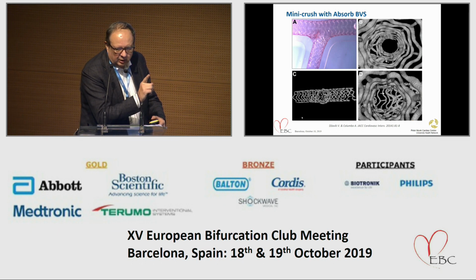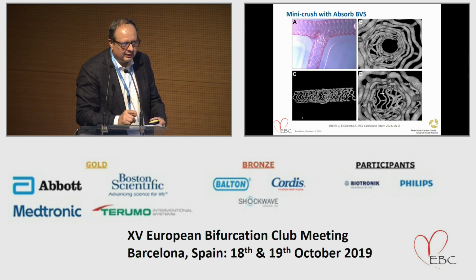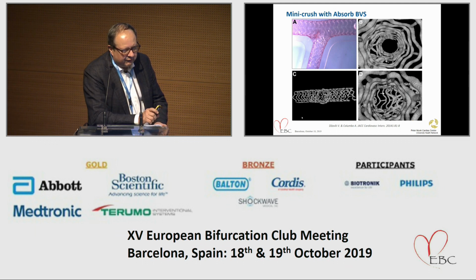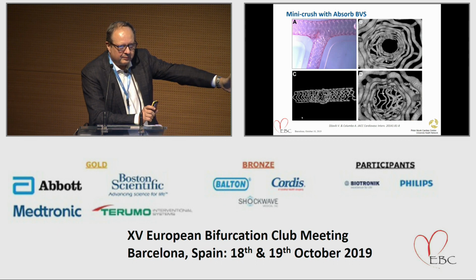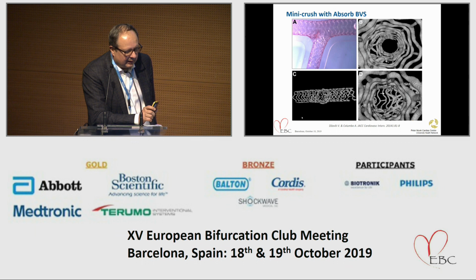And this is my caution: I would argue against recrossing very proximally the first time around, because if you recross very proximally through the strut, you're going to end up with a massive neocarina. So my approach is to do a middle recrossing rather than a proximal recrossing.